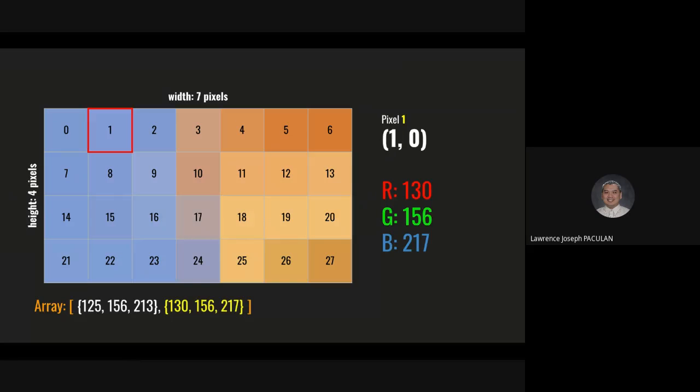Okay, so we go to pixel 1. In pixel 1, the coordinates are 1, 0. Remember, the first one is x, the second one is y. So we're still in row 0 and in column 1. So we get the information: 130 for red, 156 for green, and 217 for the blue.